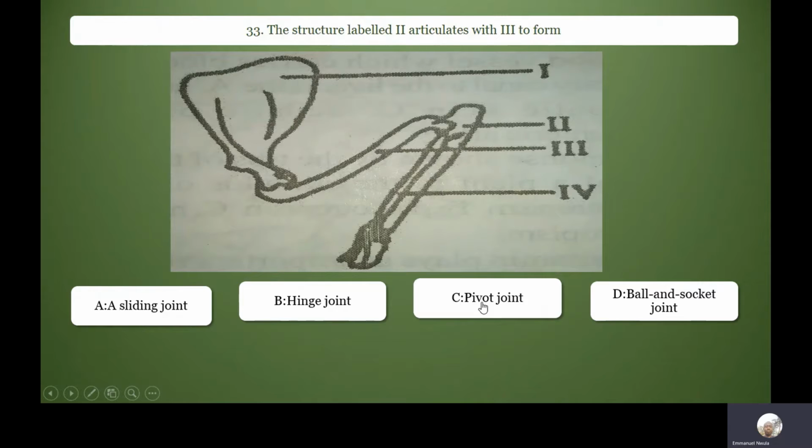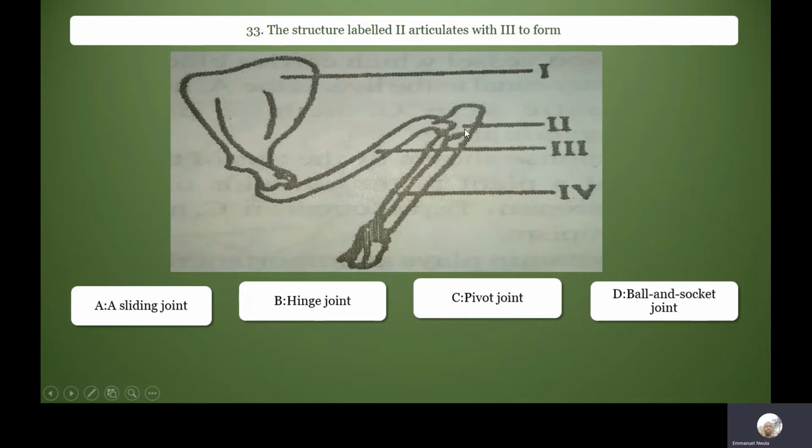The structure labeled II articulates with III, Roman number 3, to form. This is II articulating with III to form what kind of joint? This is called the hinge joint. So the correct option here is B. This is the scapula, the shoulder blade, and this is the humerus.